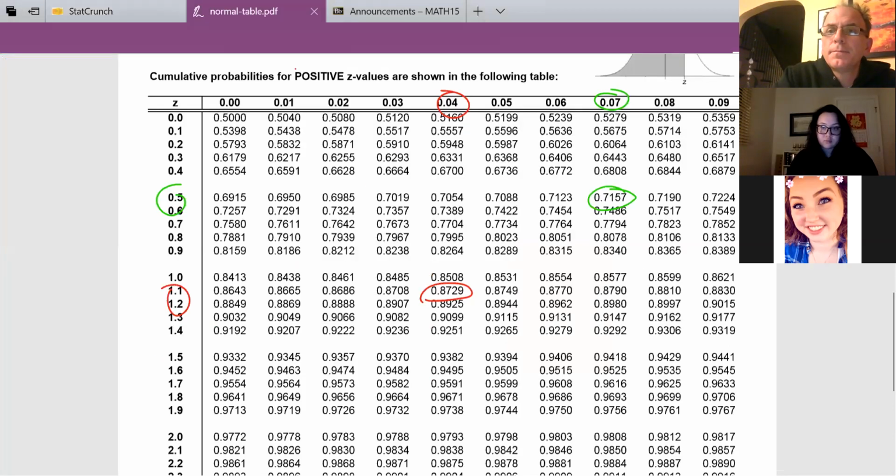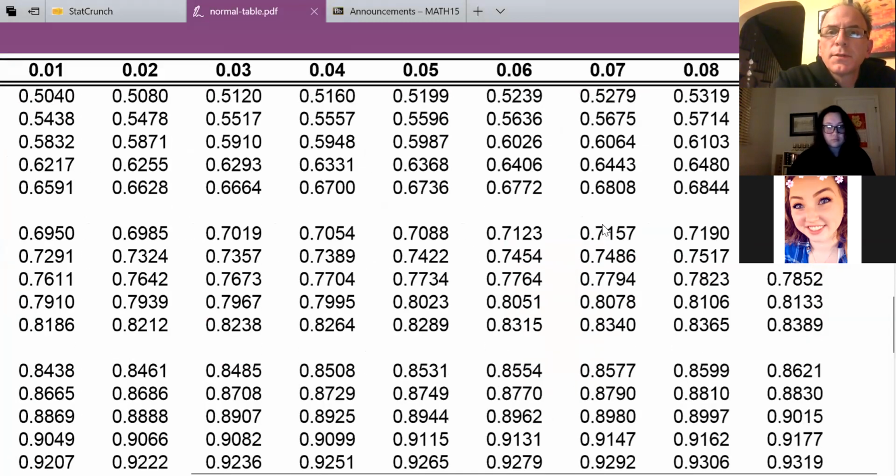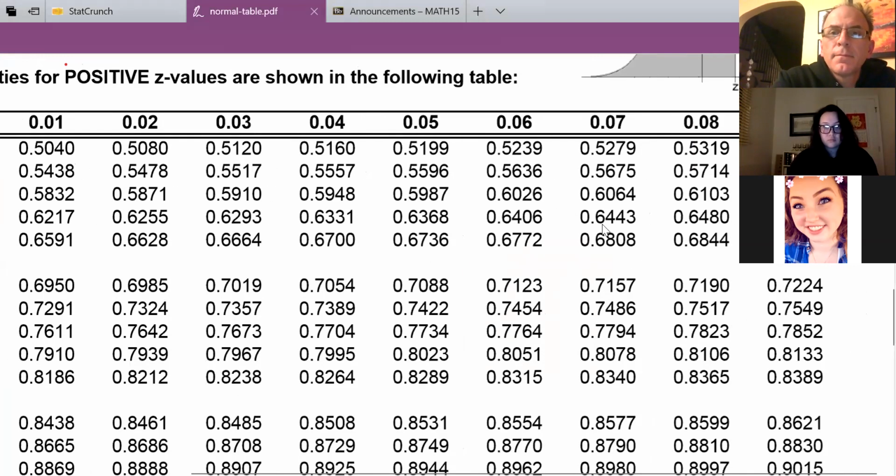Back to my table. Let me erase some of these values. What I'm looking for is the score that's closest to 61%. So I can see all these values up here.